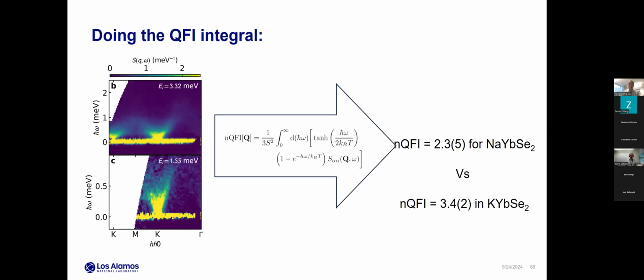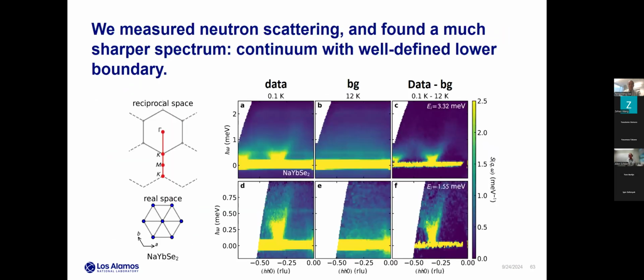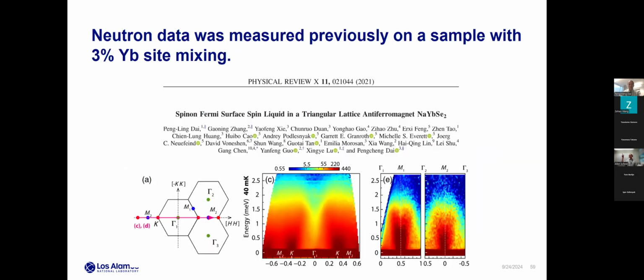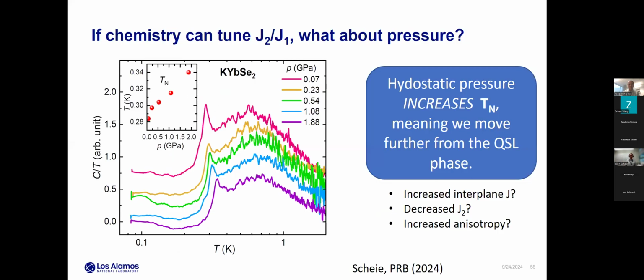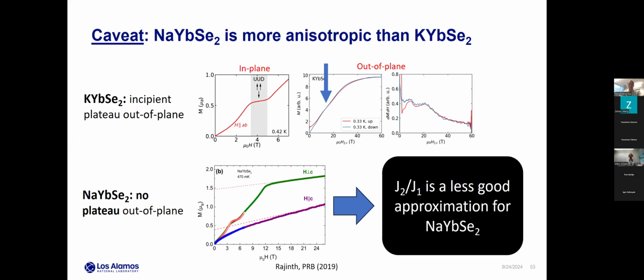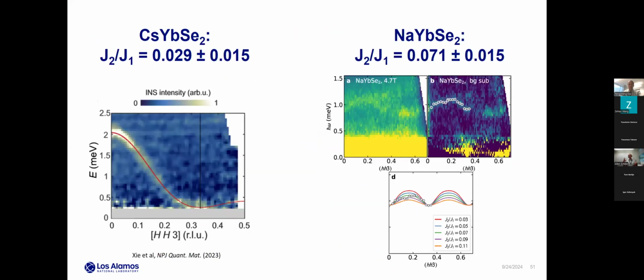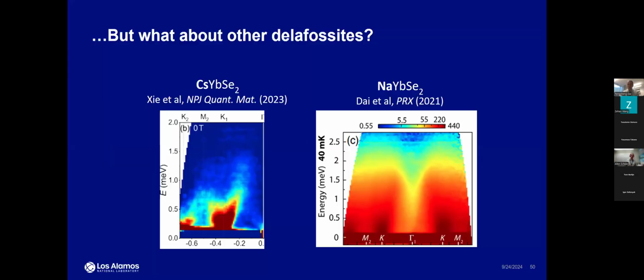The low energy magnons are resolution limited, but there's this higher energy mode, which Andreas Läuchli at PSI did a theoretical study of and showed is actually a two-magnon bound state kind of effect. This is the sodium compound.